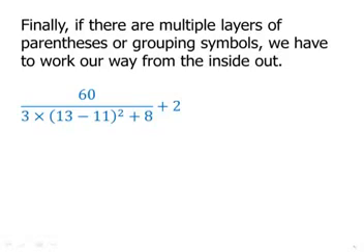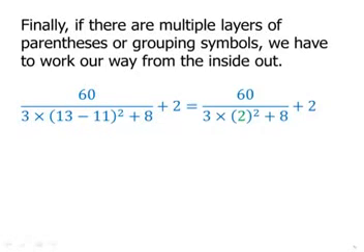here I have a long fraction bar, so we have to handle everything under the long fraction bar before we do anything else. Within the long fraction bar, we have parentheses, so that's another grouping symbol. So first thing I have to do is those innermost parentheses, 13 minus 11. So that becomes 2.